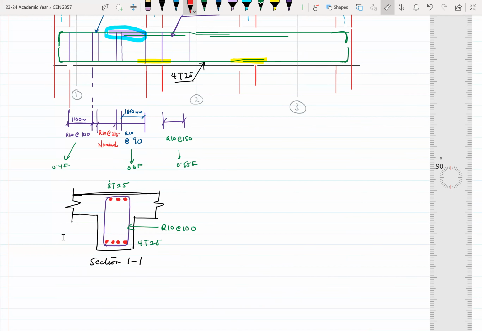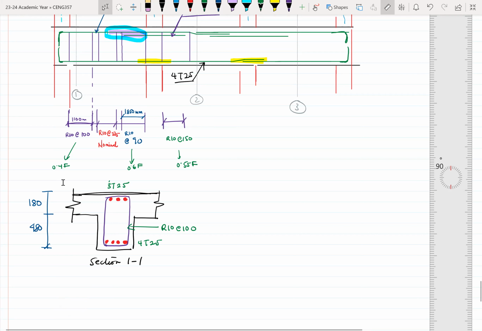Let me just make sure that I have all my dimensions written out nicely. So this is 180, and then 180 minus 660 will be what? So this is 480.